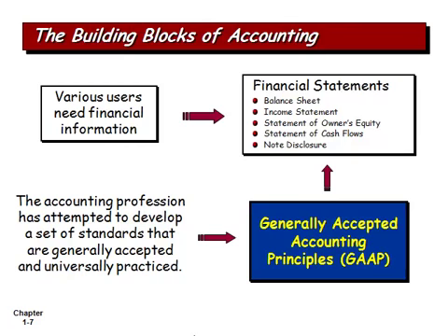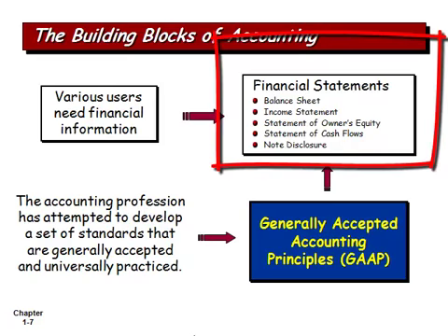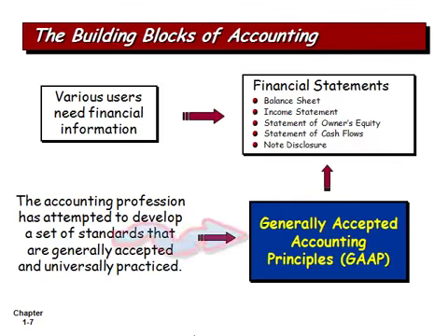So we have different users out there, internal, external, and they need different kinds of accounting data. And our accounting data here, our financial reports, these items listed in the upper right-hand corner. And the accounting world has come up with some generally accepted accounting principles. Pronounce that GAAP.